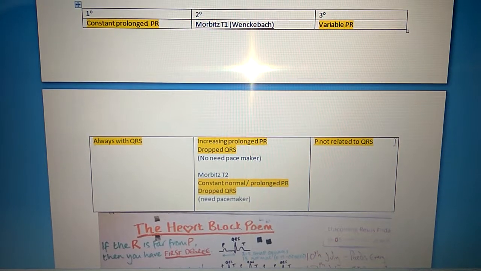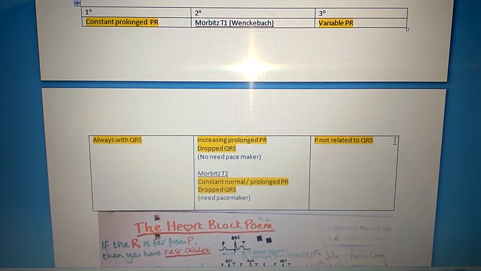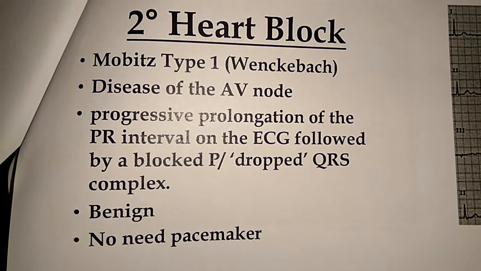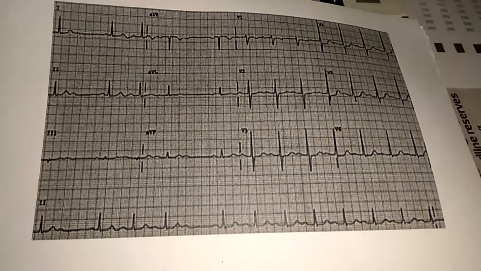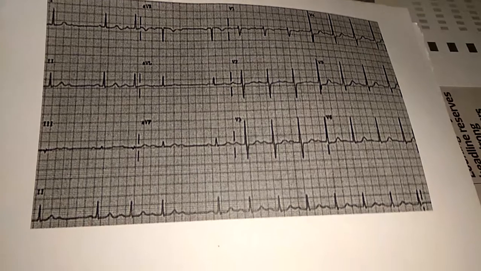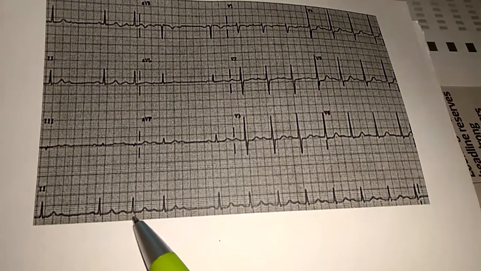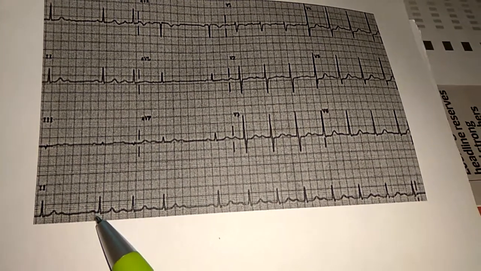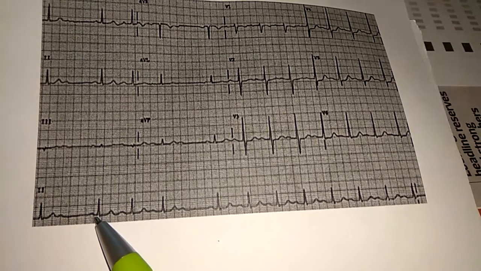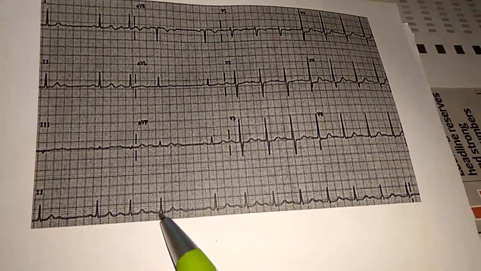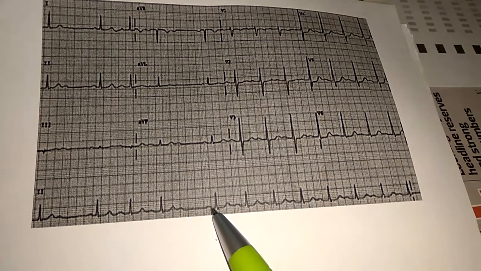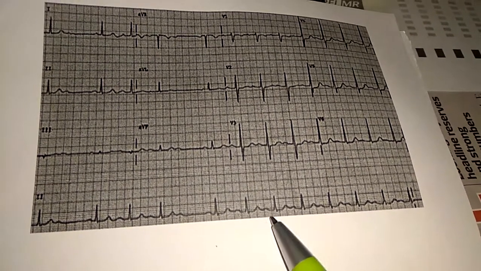In Mobitz type 1, we don't need a pacemaker. This is an example of Mobitz type 1. You can see here the PR interval getting longer, increasingly longer.